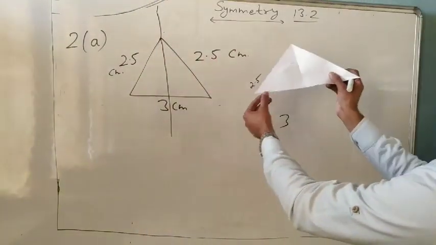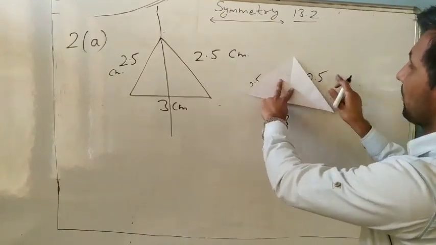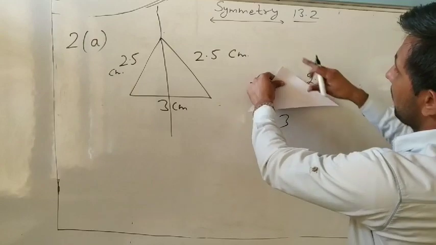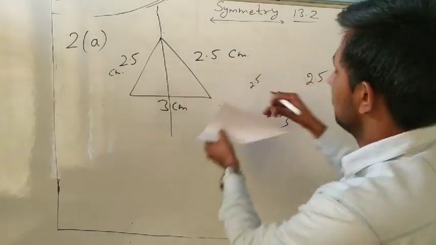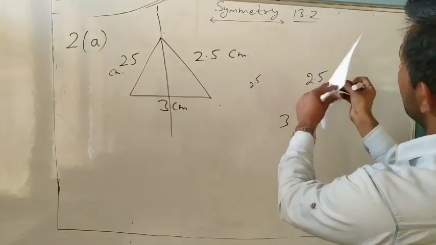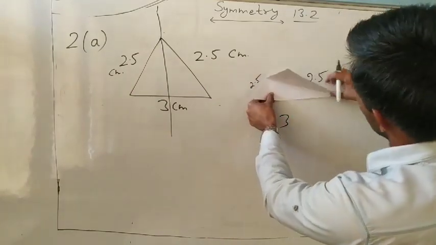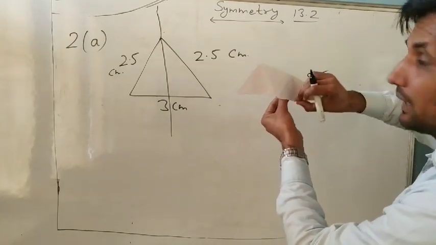Suppose it is an isosceles triangle, 2.5, 2.5, 3. Now I am observing from this side. When I fold from this corner, do they cover each other completely?